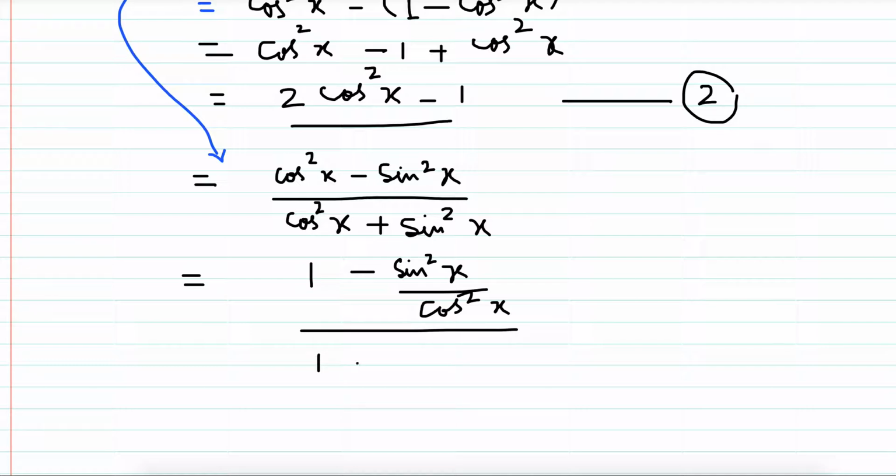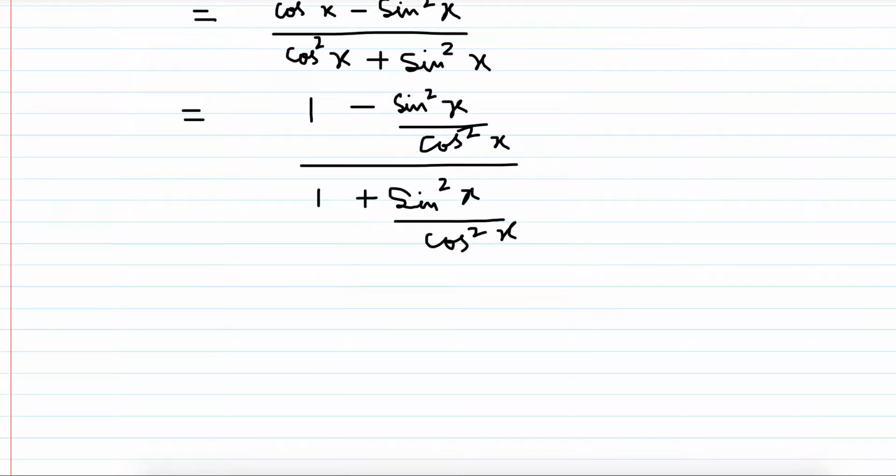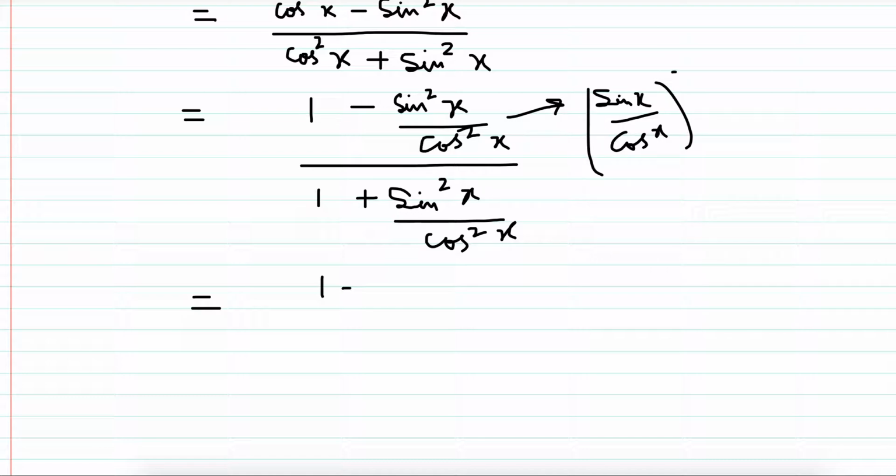And in the denominator again cos square x will get cancelled, and we will have sin square x divided by cos square x. So sin square x divided by cos square x, we can write this as (sin x by cos x) whole square, or tan square x.